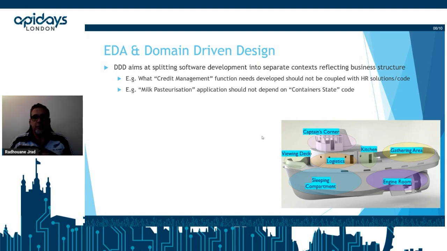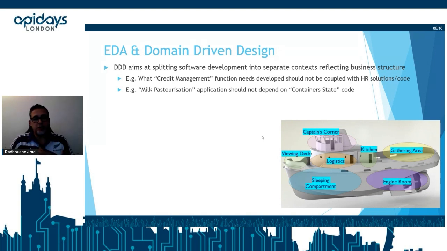It comes from the principle that when we develop one function in the business, you shouldn't have a dependency on another part of the business. For example, you have invoicing, human resources, and the legal department. If you're developing code for the legal department, you shouldn't be asking HR to do some regression testing. The whole thing is attached for sure, but as you develop, you try to detach them as much as possible.